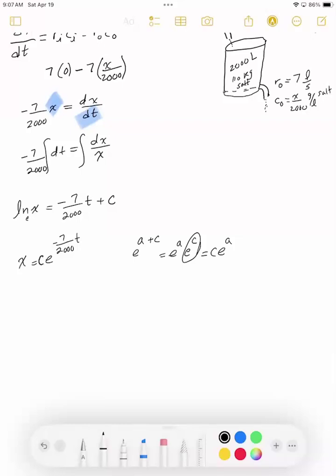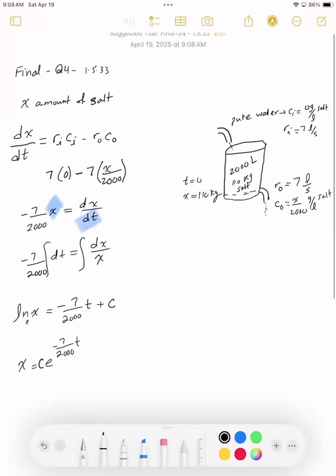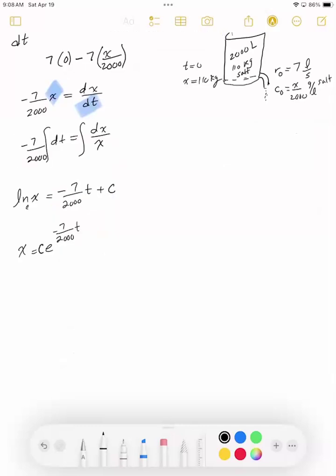So now, according to the amount of salt at the very beginning, at the start of the problem, when time was equal to 0, the amount of salt was 110 kilograms. So I'm just going to put 110 kilograms.